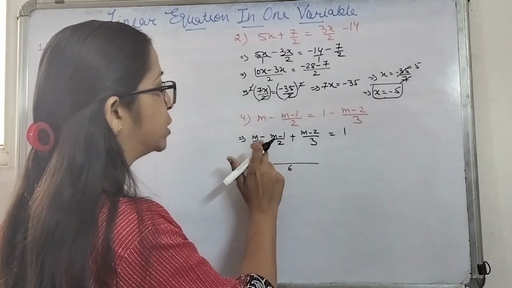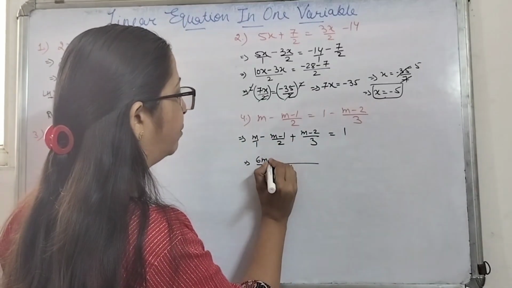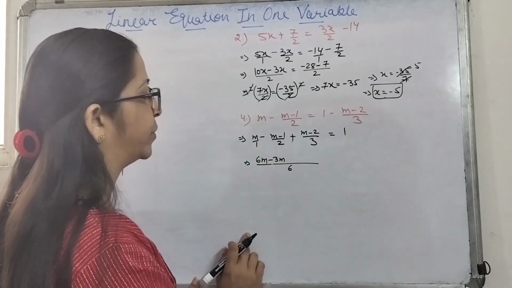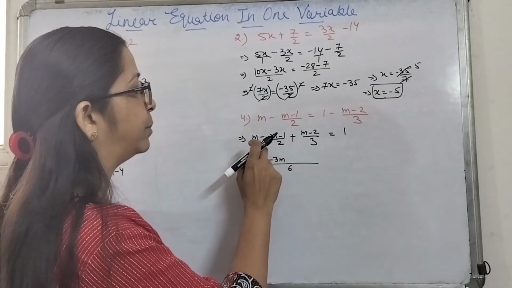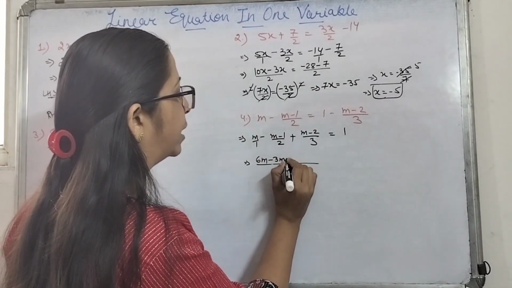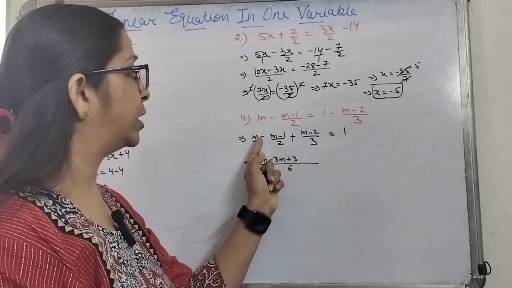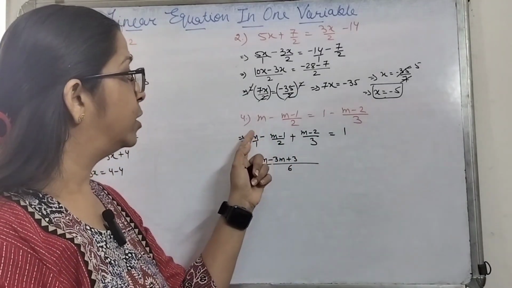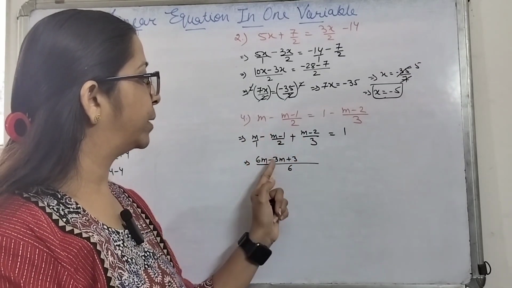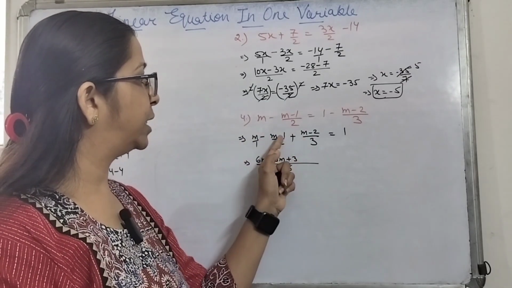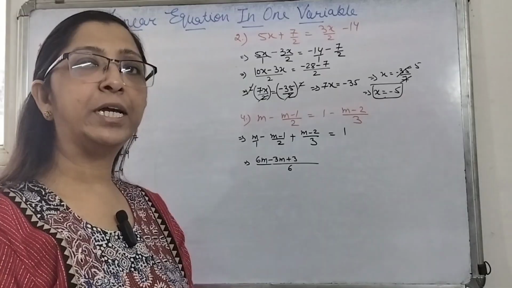So minus of 3 multiplied by m is minus 3m. Similarly, minus of 3 multiplied by minus of 1 will become plus 3.